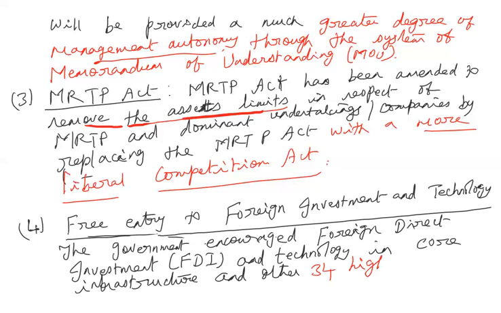So one is the core infrastructure, and also the government identified certain high priority industries, 34 high priority industries, which require sophisticated technology and a huge amount of investment. So in those areas, the government will allow foreign investment more than 49%.